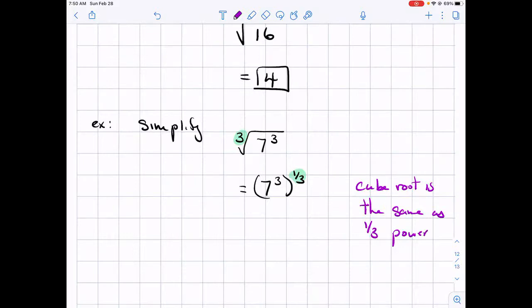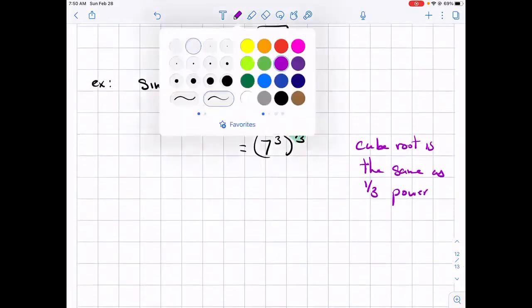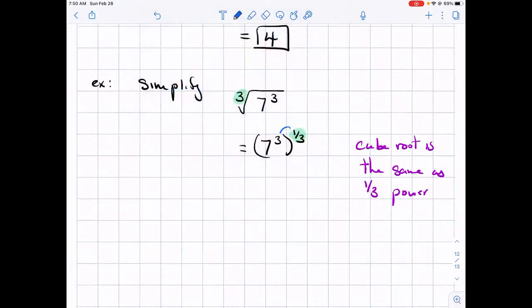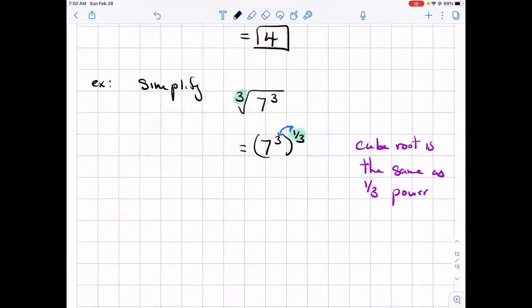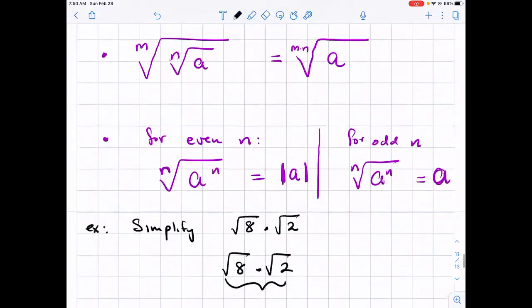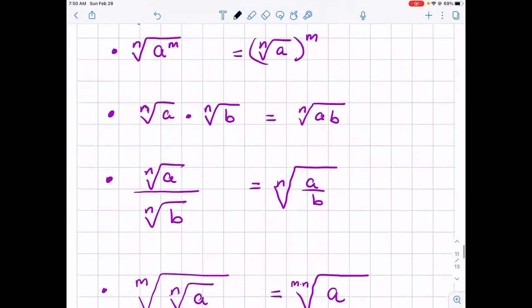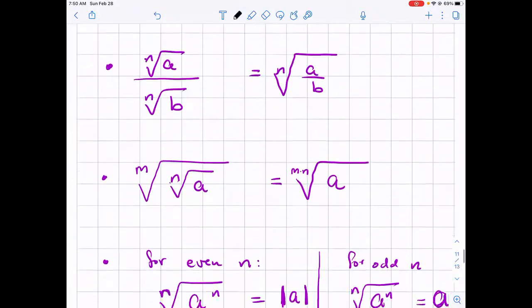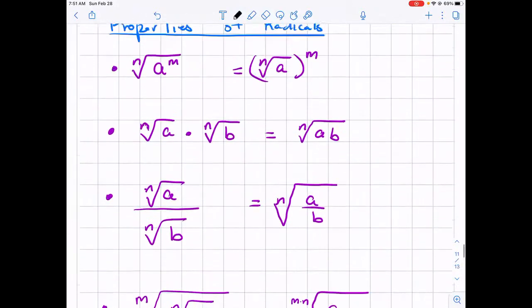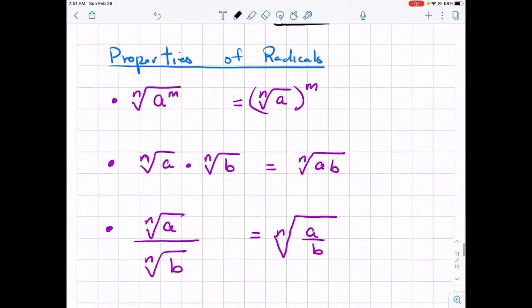Okay, and then if you distribute now, this becomes just 7. And notice this is using a property, right? If you look back at this property, where do I have that? This one here.